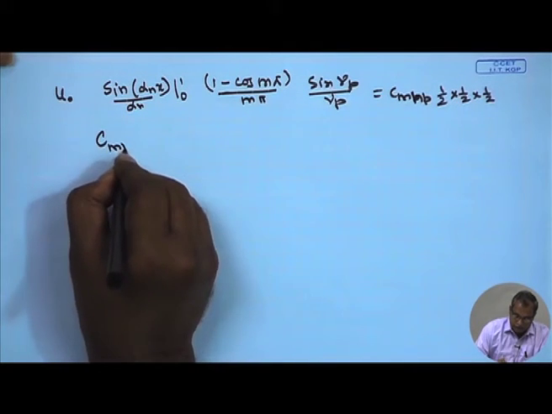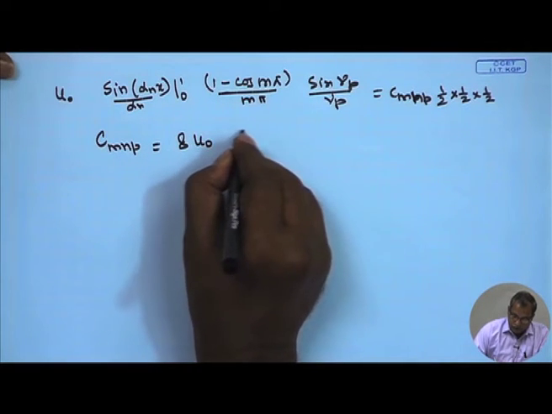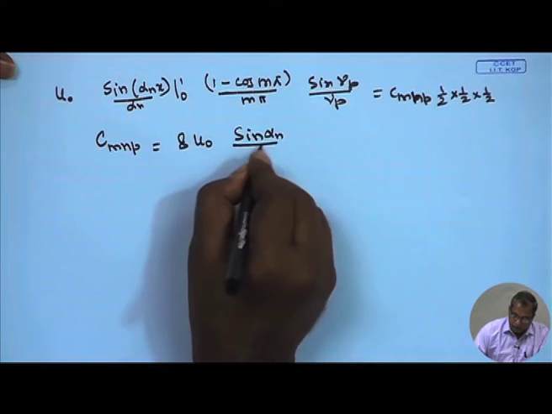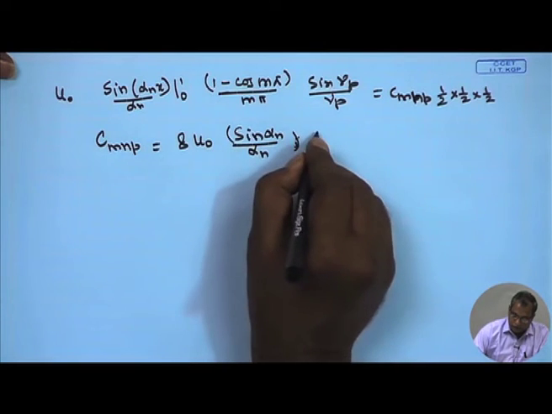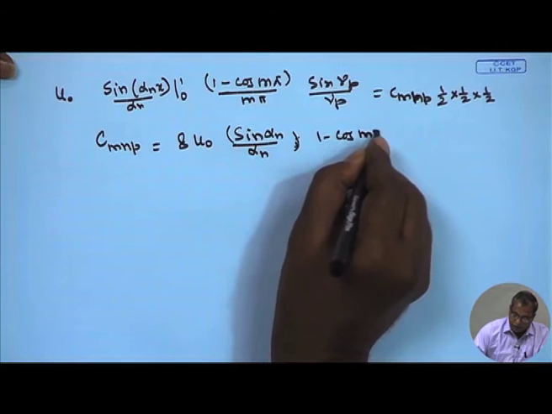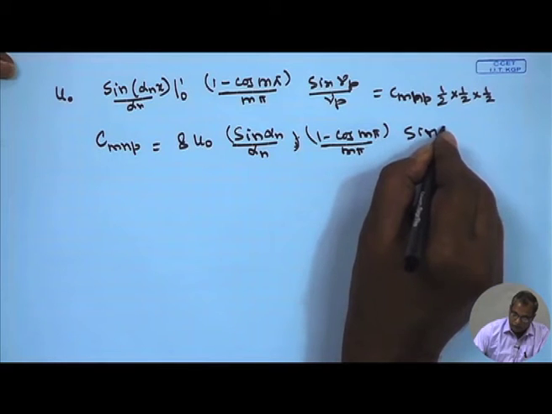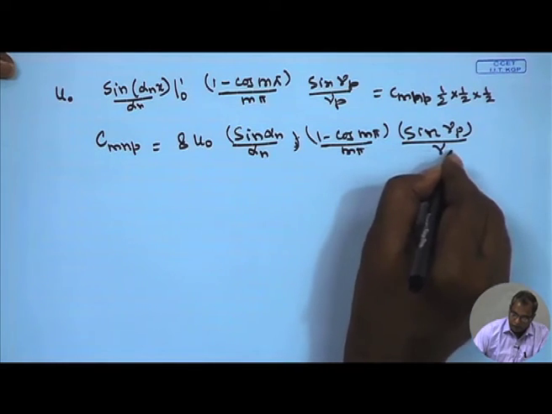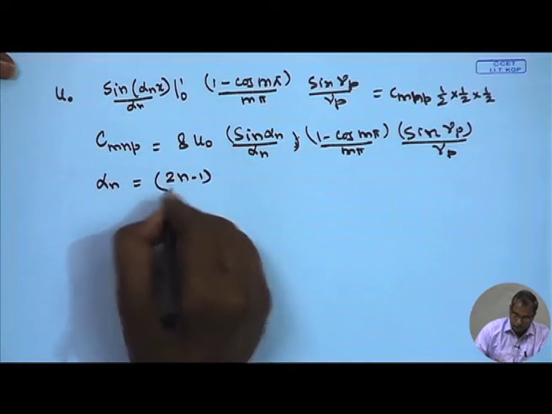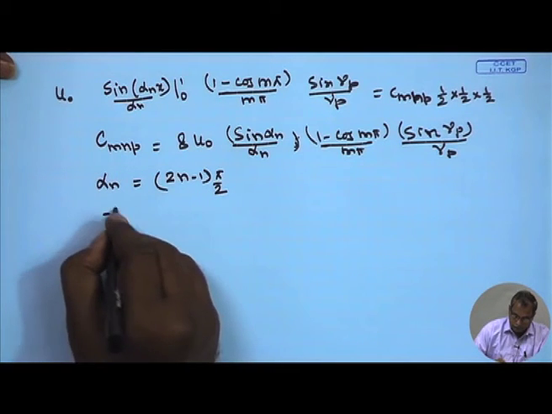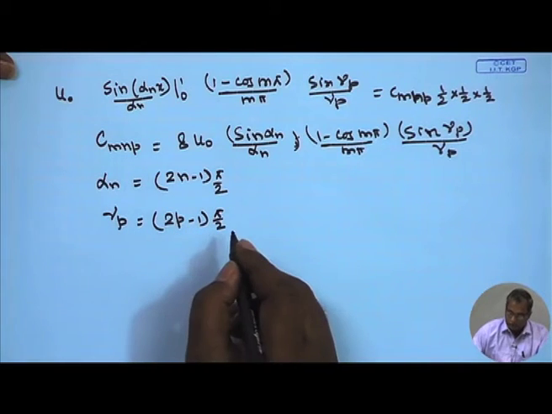So, C m n p will be nothing but 8 u 0 sine alpha n by alpha n multiplied by 1 minus cosine m pi over m pi, sin gamma p over gamma p, where alpha n is nothing but 2n minus 1 pi by 2 and gamma p is nothing but 2p minus 1 pi by 2.